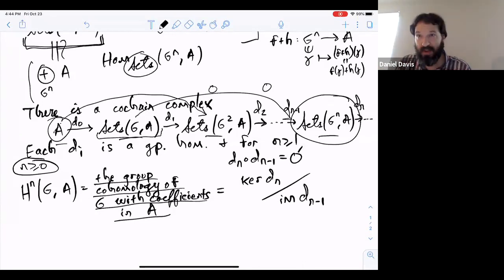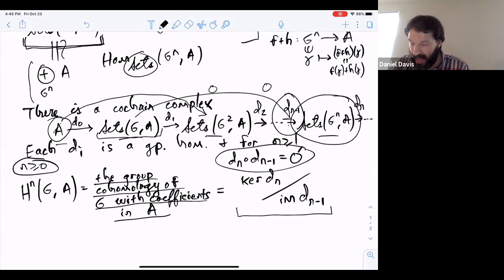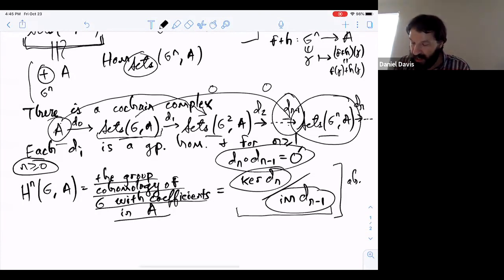That is to say, we form the abelian group of all the elements that get sent to 0.